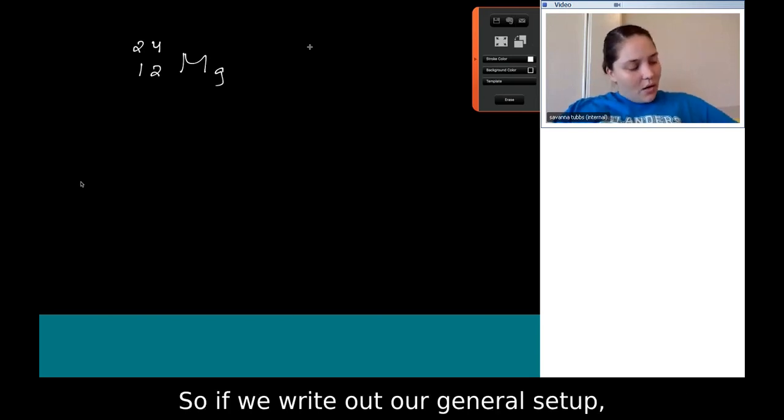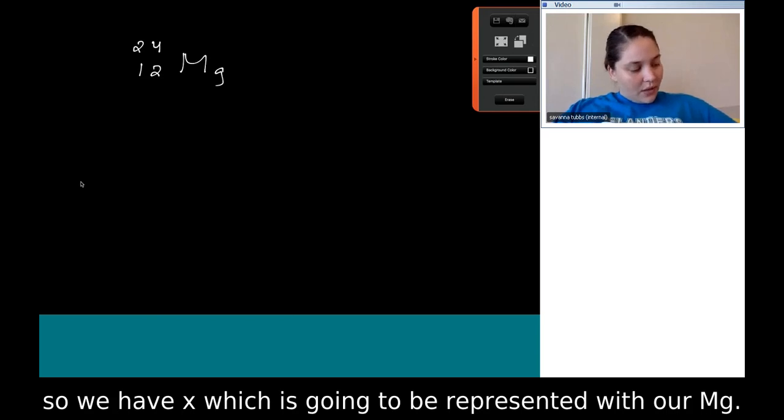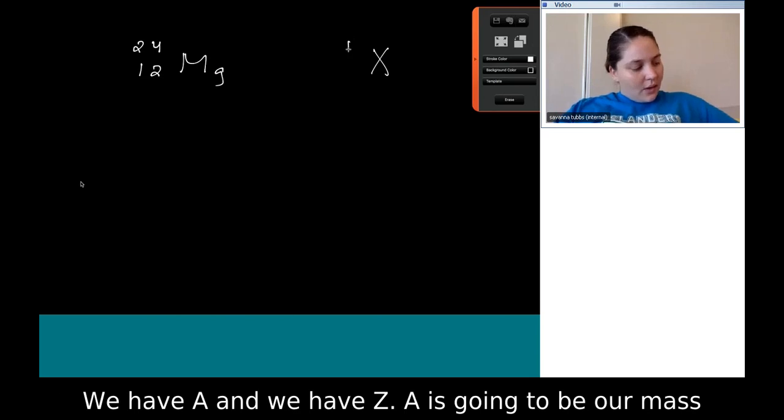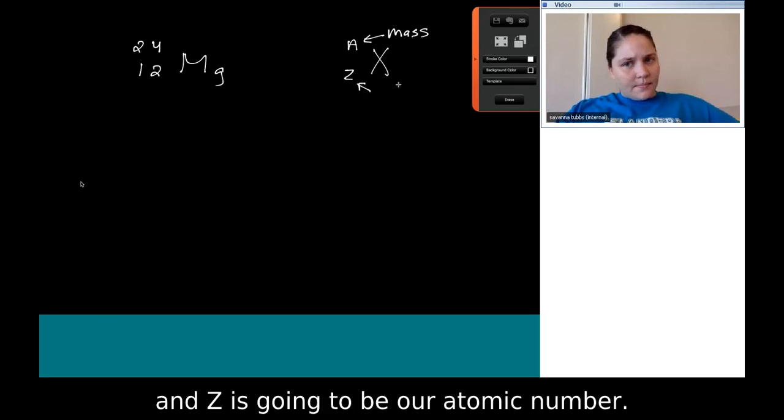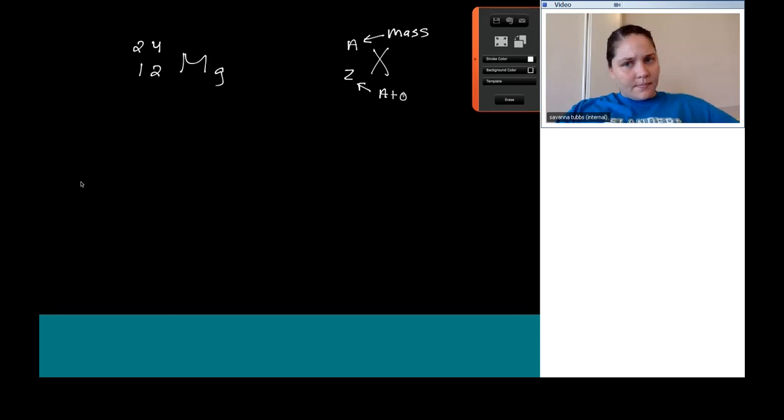If we write out our general setup, we have X, which is going to be represented with our Mg, we have A, and we have Z. A is going to be our mass, and Z is going to be our atomic number.